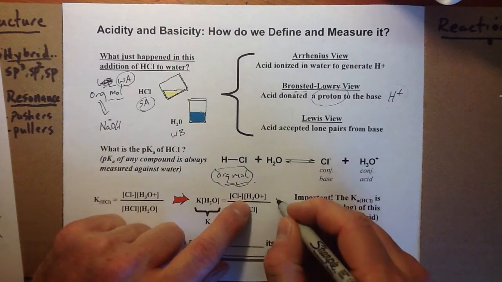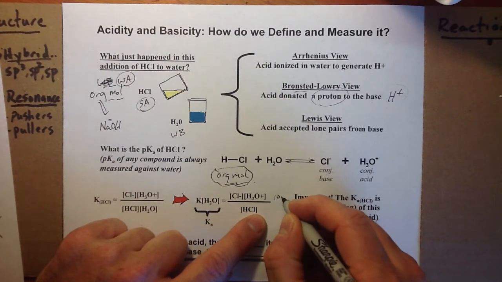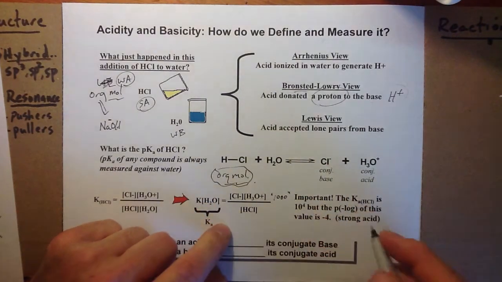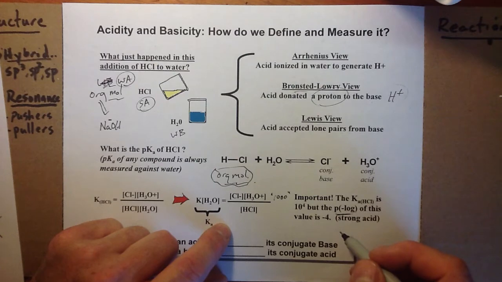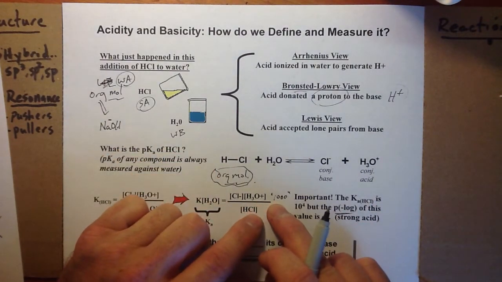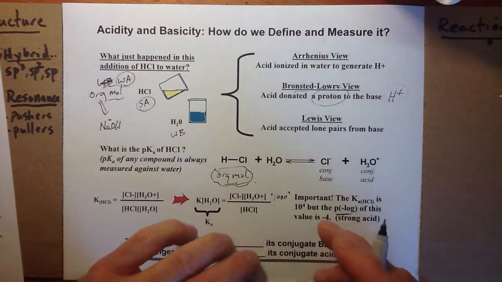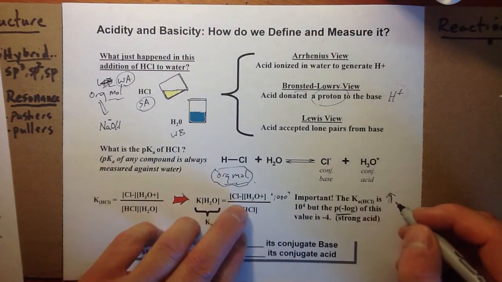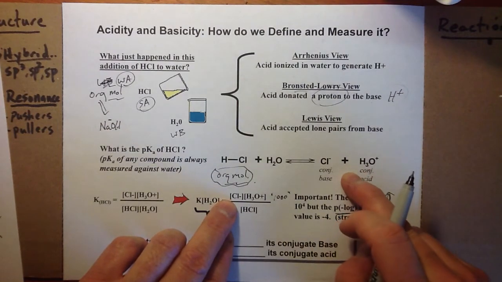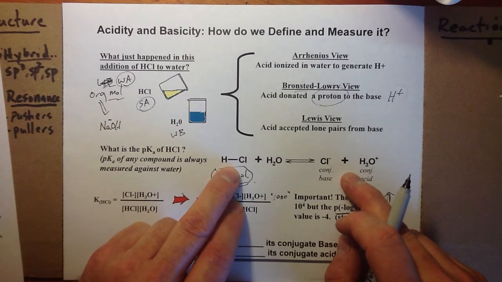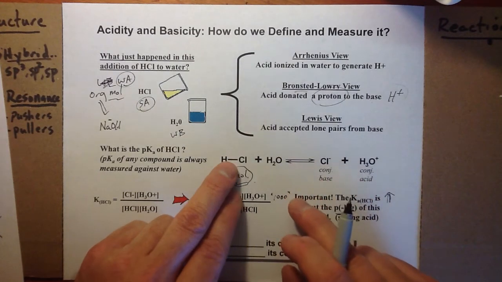If that's really high, let's say 10,000 is our K, then we have what's called pKa, the negative log of that, which would be -4. So if we have a very high Ka, this is important, a very large Ka, a lot of product, the acid's strong, and it leaves very little of the original structure behind.